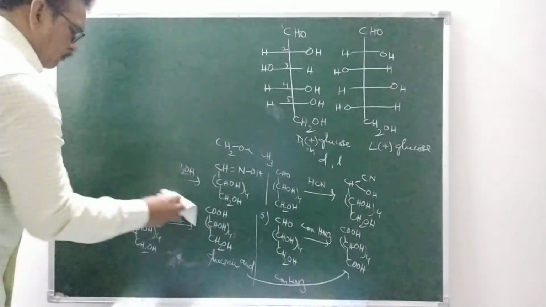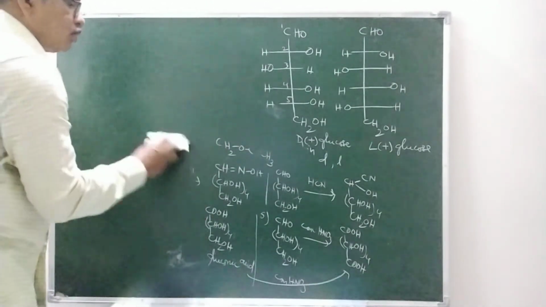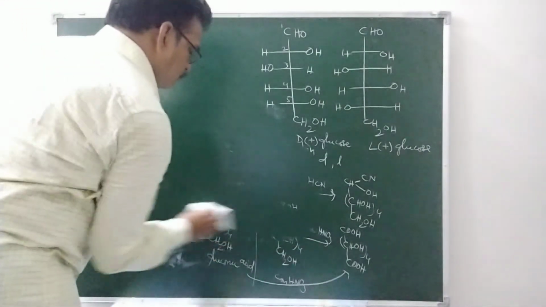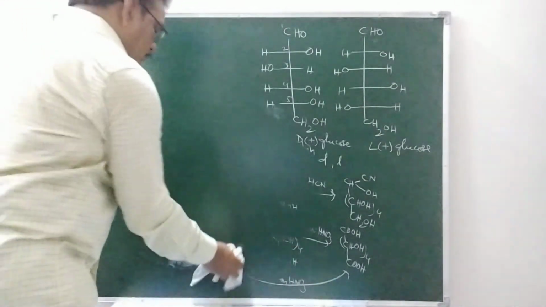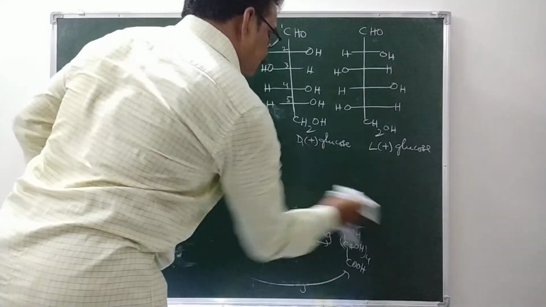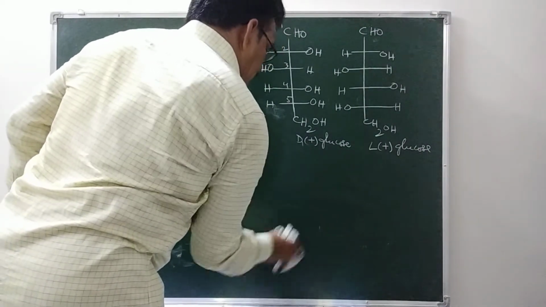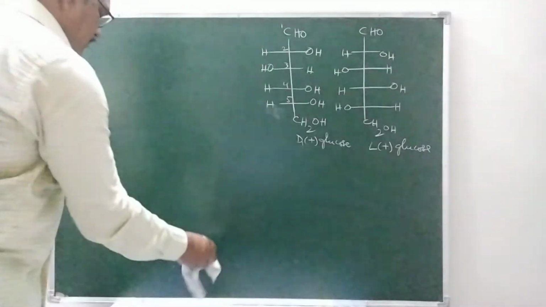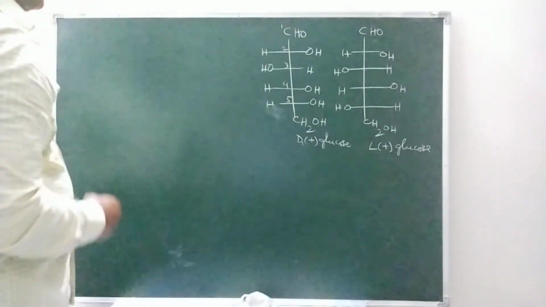Next one, why does glucose show mutarotation? What is meant by mutarotation? This D plus glucose on crystallization gives 2 types of crystals.